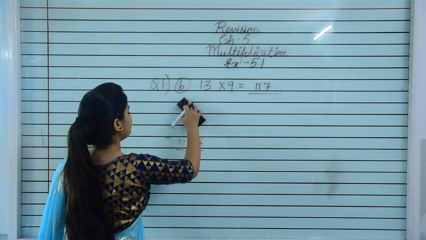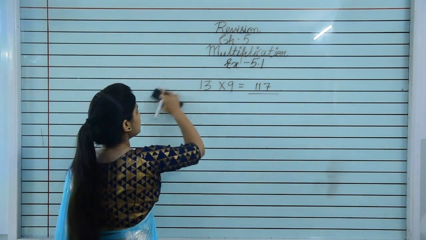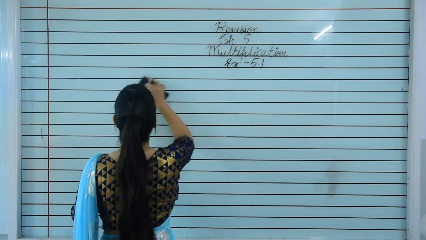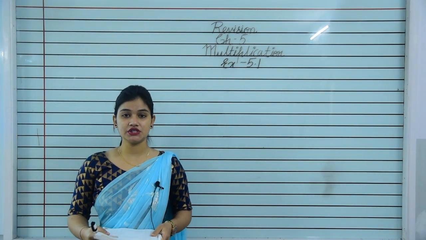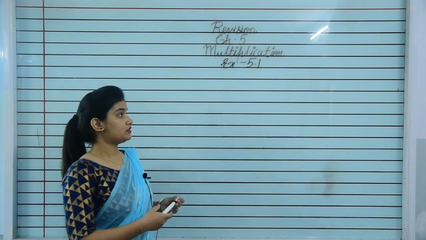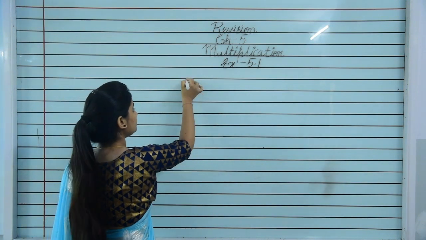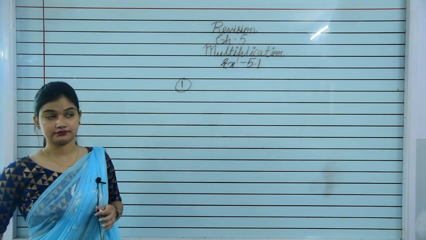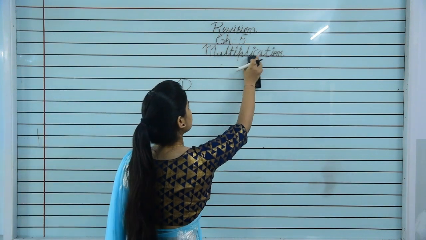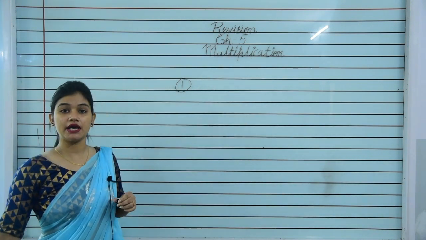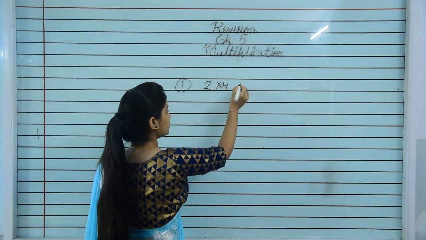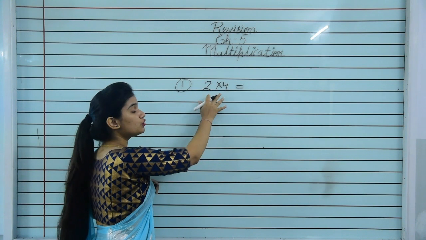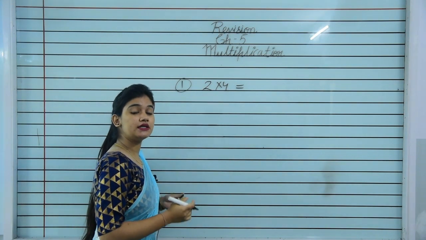Now we see the next topic, multiplication facts, on page number 55. We are talking about the first one. Suppose we are doing 2 into 4. Two numbers can be multiplied in any order.